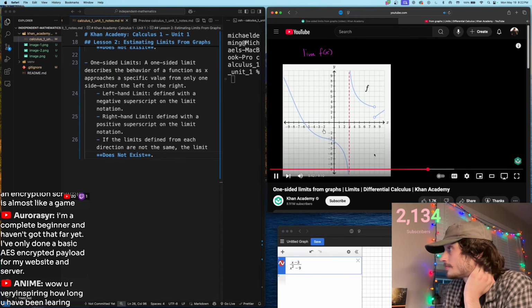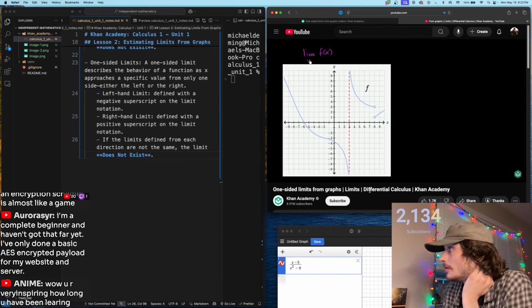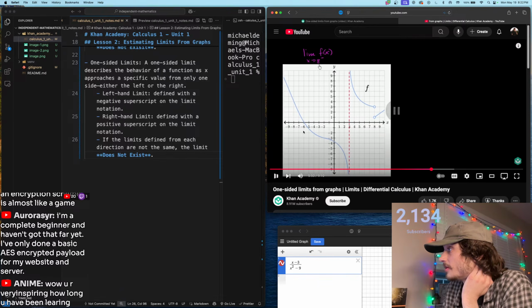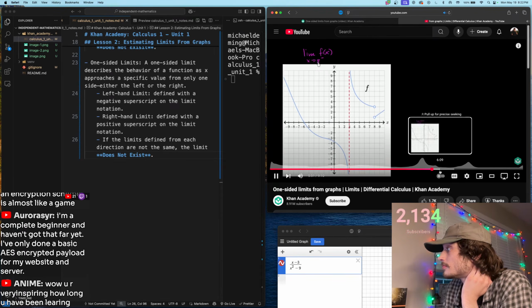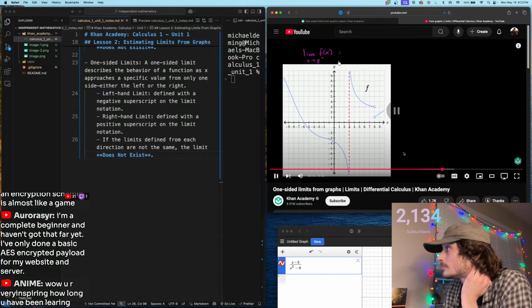Now this is our new f of x depicted here. As x approaches 8, let's approach 8 from the left. As x approaches 8 from values less than 8, it looks like our value of f of x is getting closer and closer to 3.